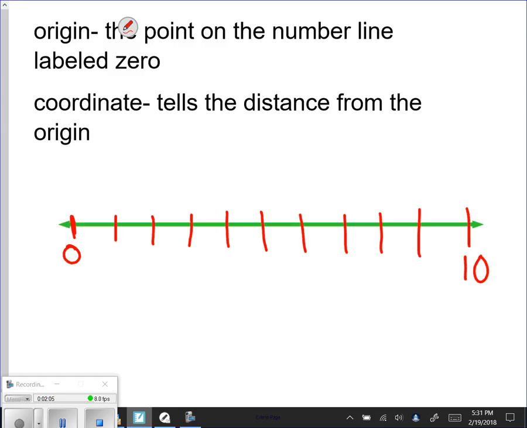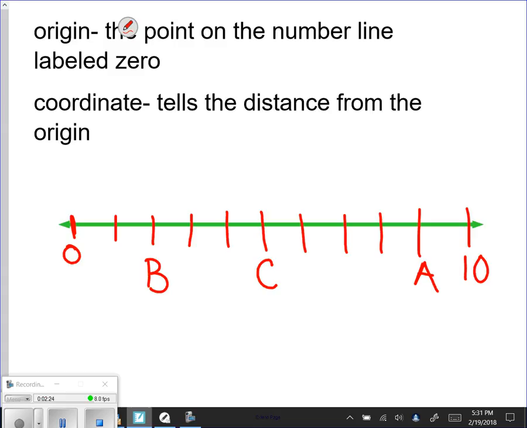Okay, so I have this, and if I put the letter B here, the C there, and the letter A there.